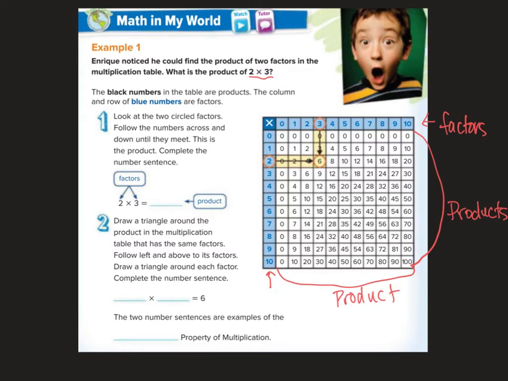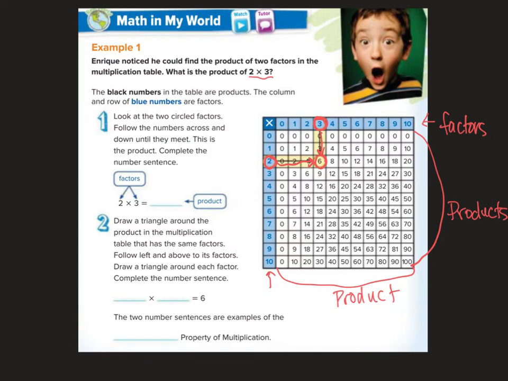If I look at the 2 circled factors, I can follow the numbers across and down until they meet. This is the product. If I look on the outside and I've got 2 here and 3 here, and I look where they meet up, it's at 6. So 2 times 3 is 6. Notice I could flip-flop them.